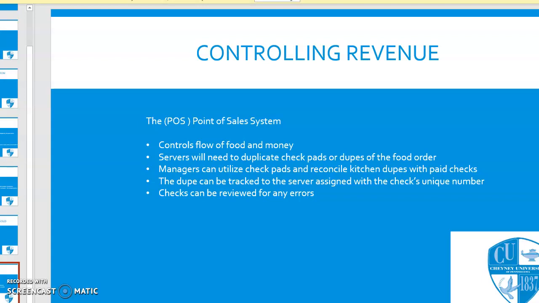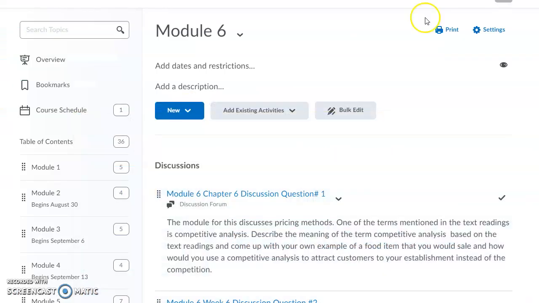If any food order is manipulated, or not executed fully to the desire of the customer, or if there's no payment for the food that was given to the customer, the manager can go back to the point of sale system and look at the errors that were made, probably on behalf of the server. So these are some terms and definitions to remember as you read and study chapter 6.